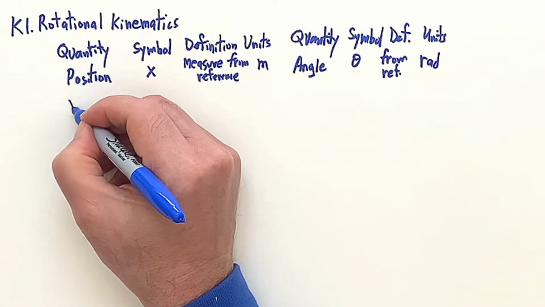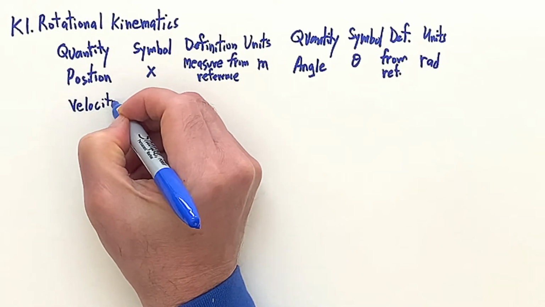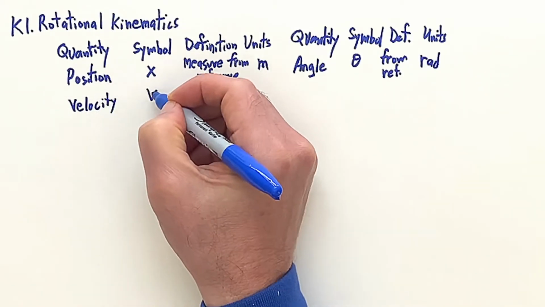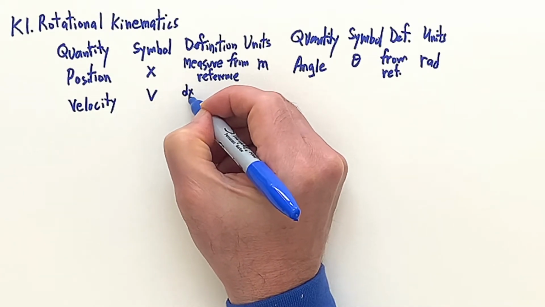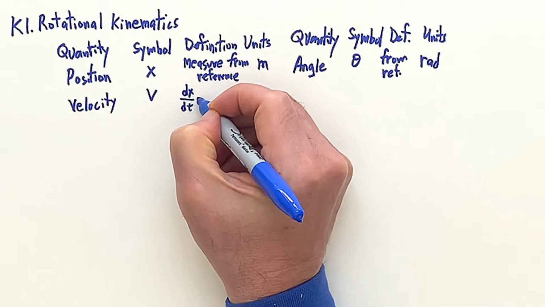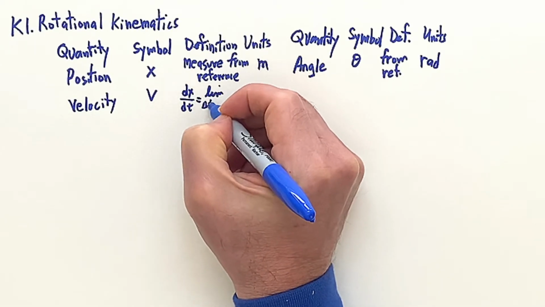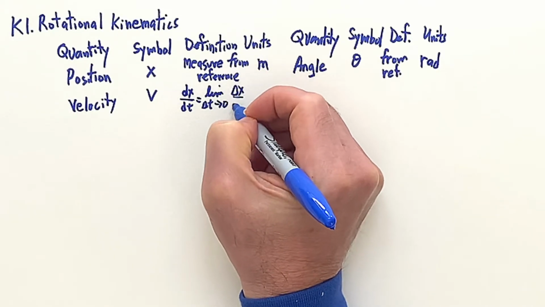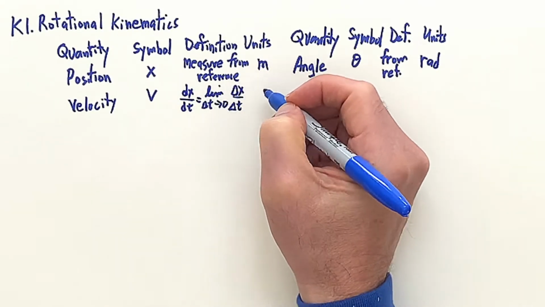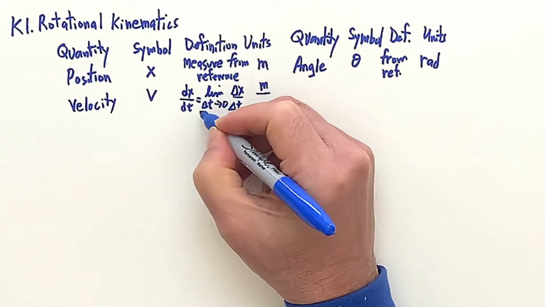and then we have velocity, v, and that would be the derivative, dx dt, or we can write that as the limit as delta t goes to 0 of delta x over delta t. Units are meters per second.